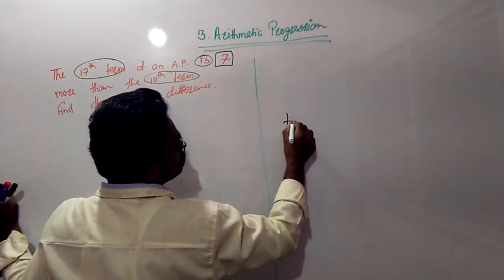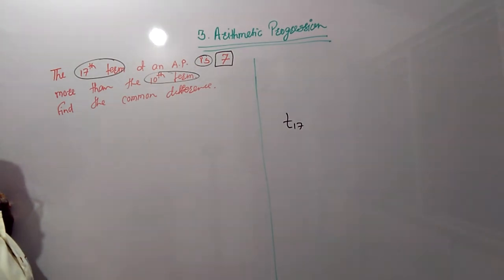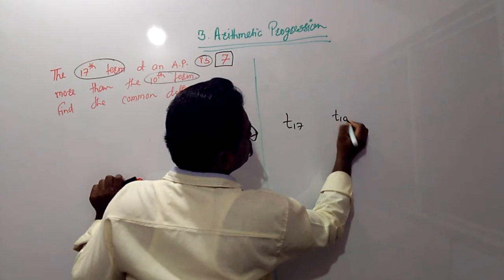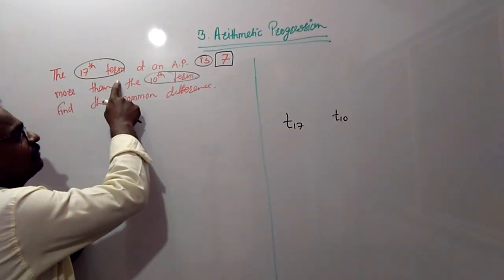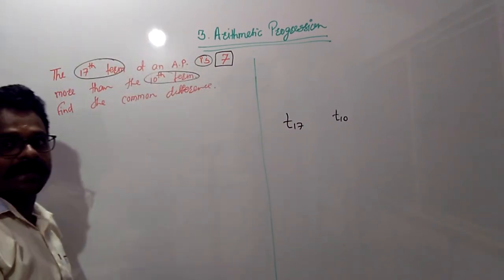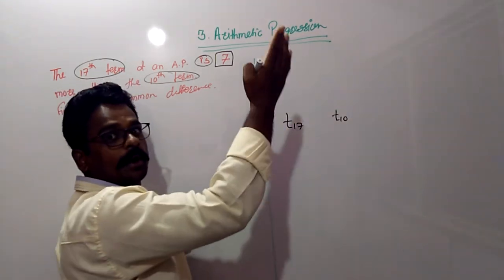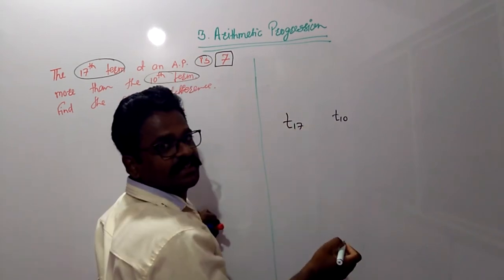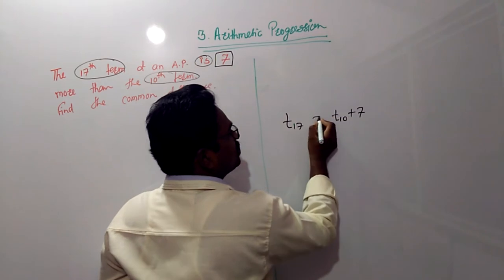17th term means T17. 10th term means T10. So the 17th term is 7 more than the 10th term. That means to reach up to the 17th term, we have to add 7 to the 10th term.